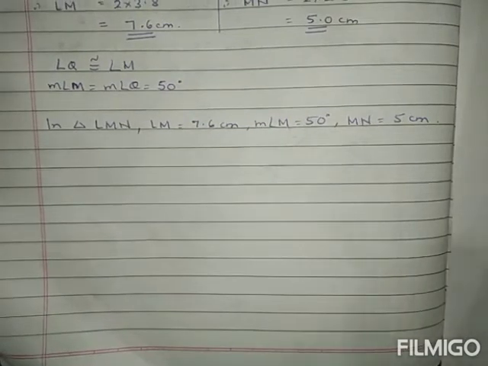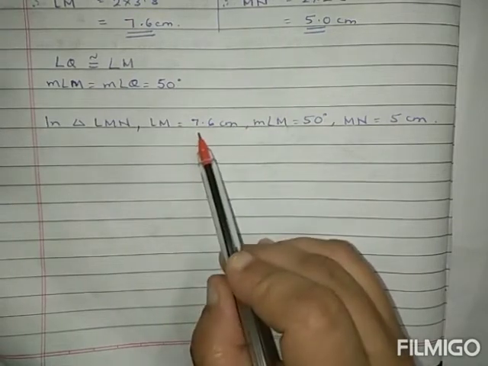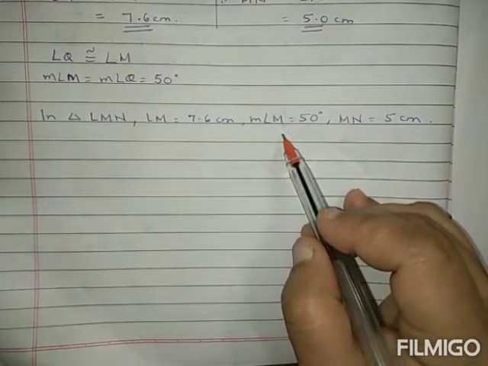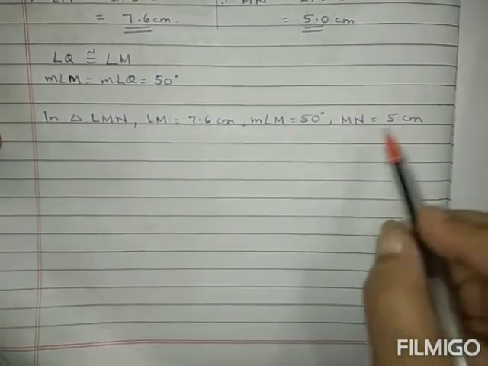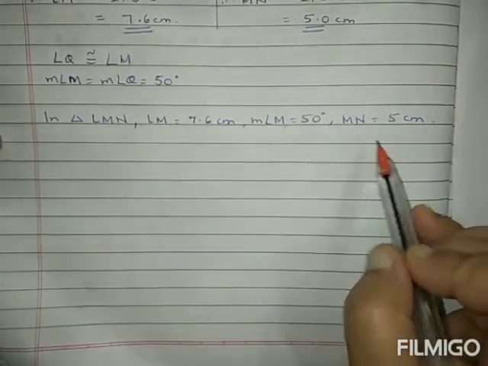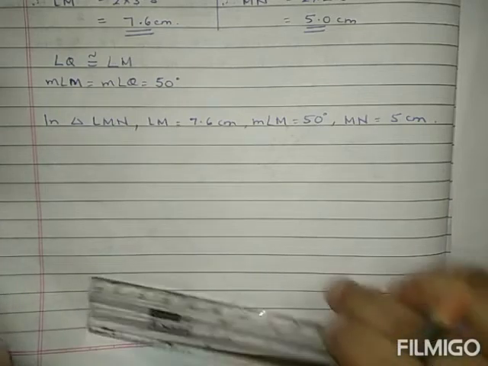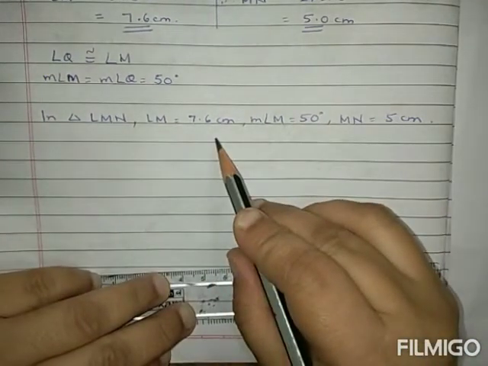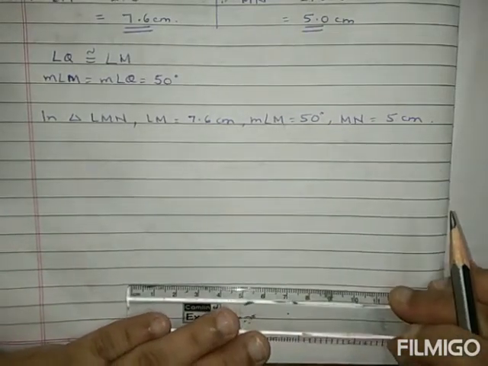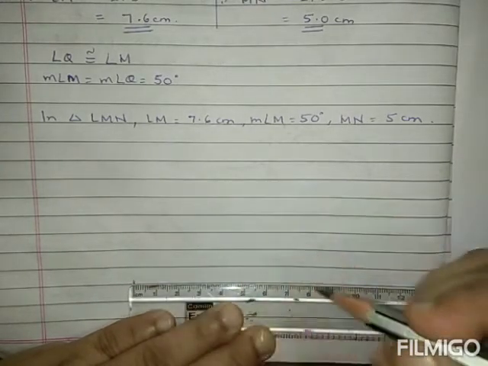So now I have written here, in triangle LMN, LM is 7.6 centimeters, measure of angle M is 50 degrees and MN is 5 centimeters. So these are the measurements that we need to draw. Please be ready with the construction material. 7.6 being the longer side, we will draw that as the base.